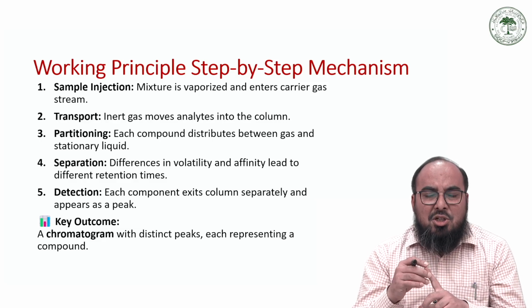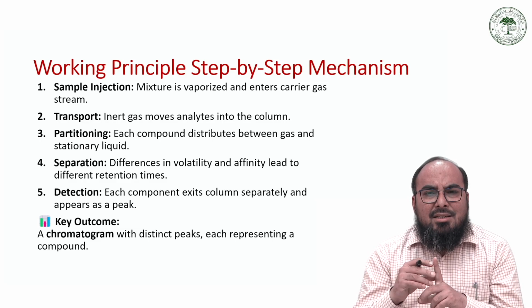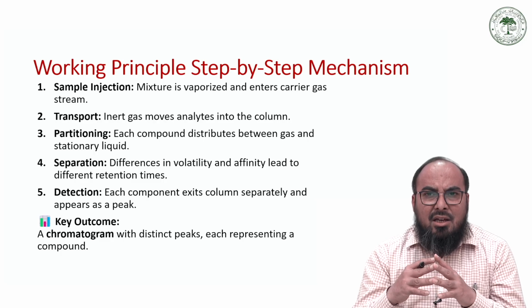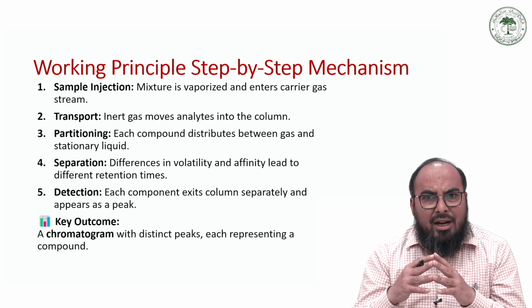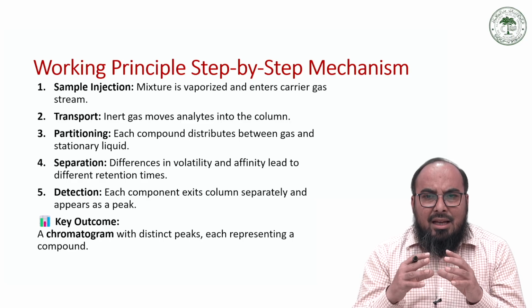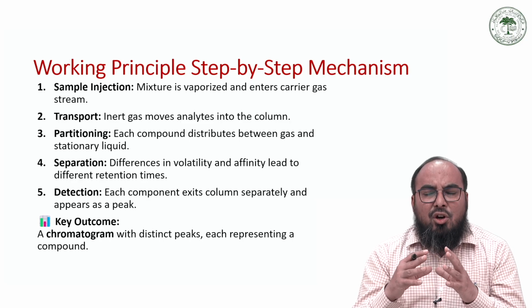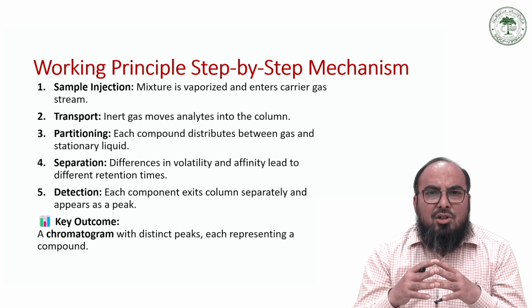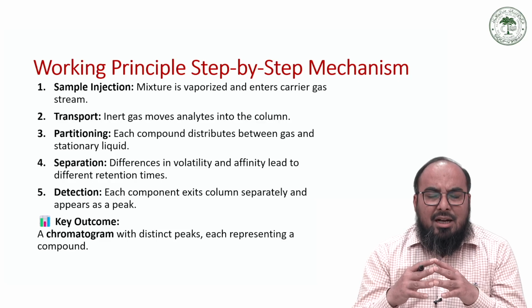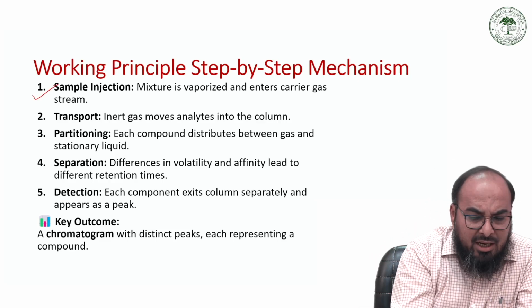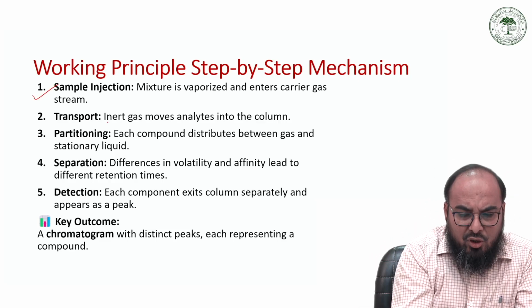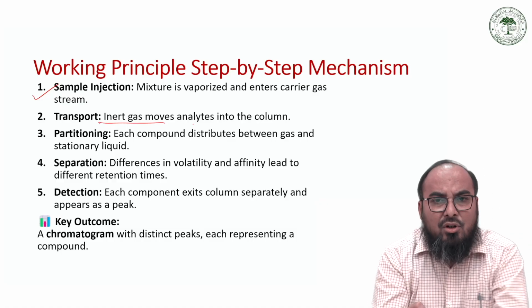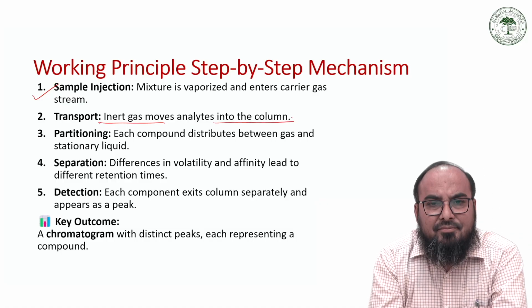The carrier gas comes with a certain flow rate and a certain pressure, and it gets mixed, and then your solute or vaporized sample gets transported through the column to get a good separation. Transportation is the main role of your inert gas: to move your analytes into the column.